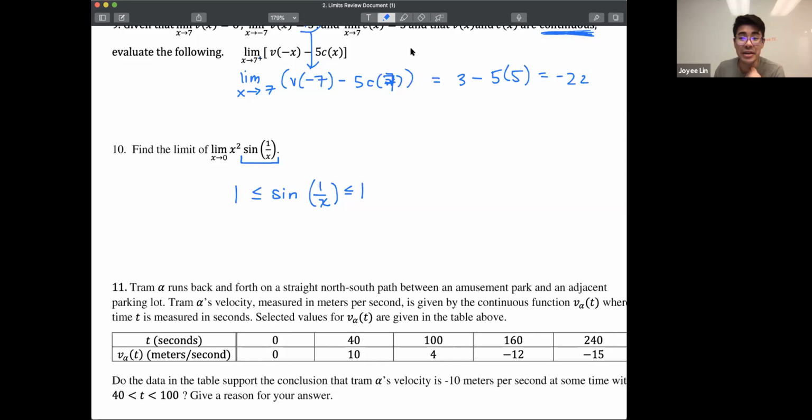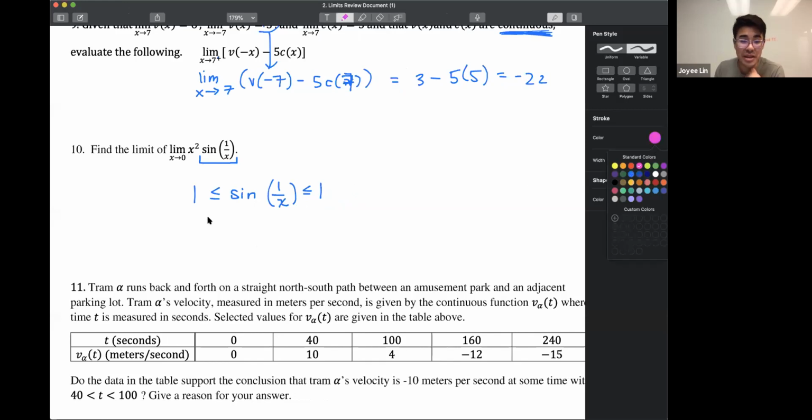And then we can stack the x squareds on all three sides, right? So we can say negative x squared is less than or equal to x squared sine of 1 over x is less than or equal to x squared. I just multiplied everything in this interval by x squared.